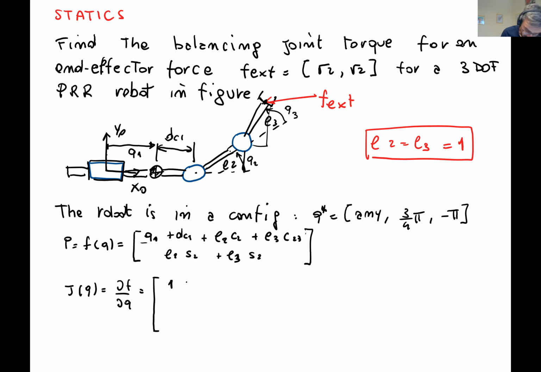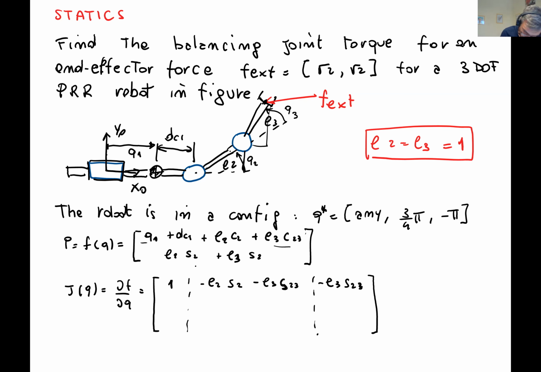Then we differentiate with respect to q2, and we get minus L2 sine of 2, and we have again a minus L3 sine of 2, 3, because the minus sine is the derivative of cosine. Then with respect to the third one, we have only this term which contains q3, and we have minus L3 sine of 2, 3.